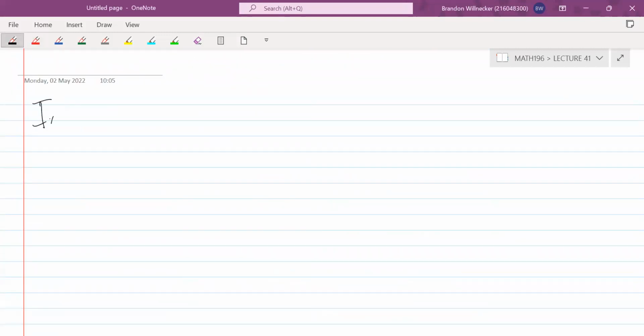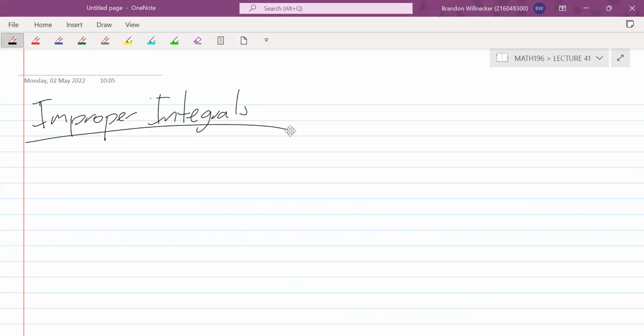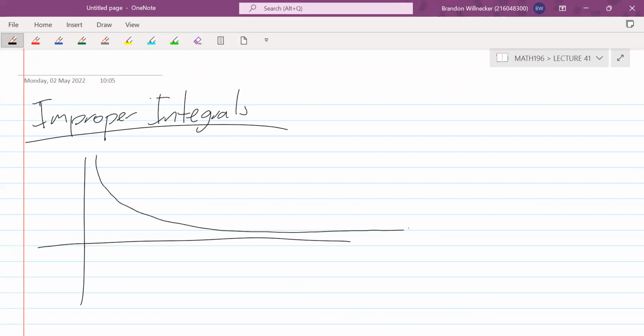For improper integrals, those are integrals like this. I just want to give a quick sketch. So let's say we have something that goes off to infinity, like 1 over x squared, for example, and we want to work out this area here. Okay, the area all the way to infinity.